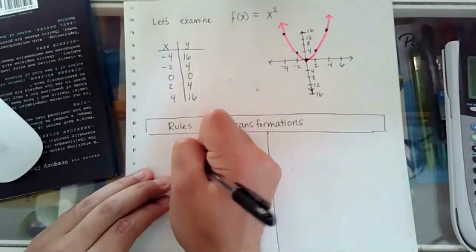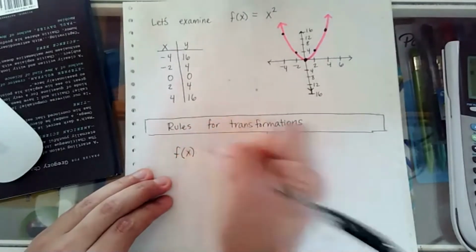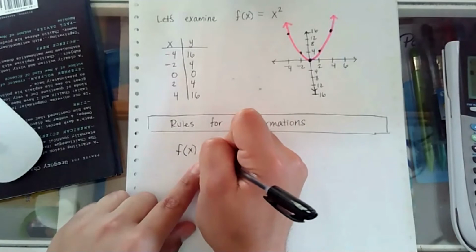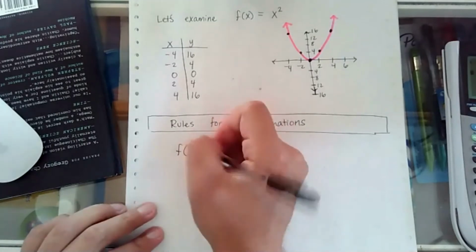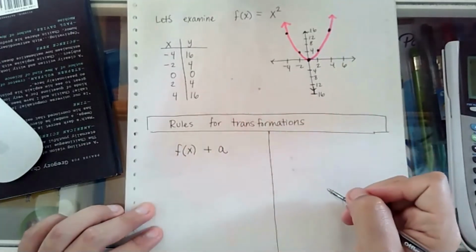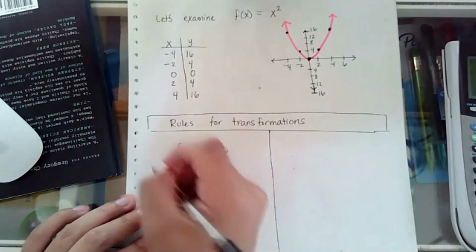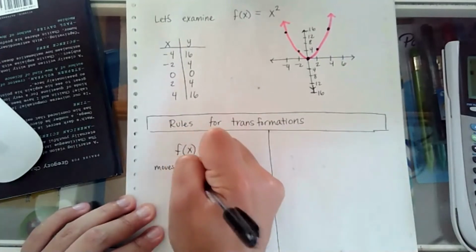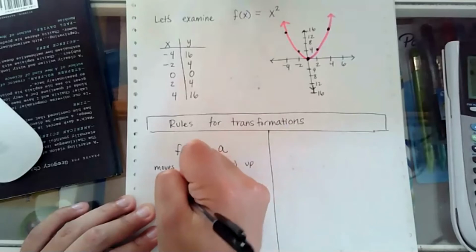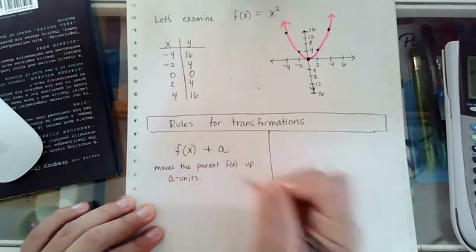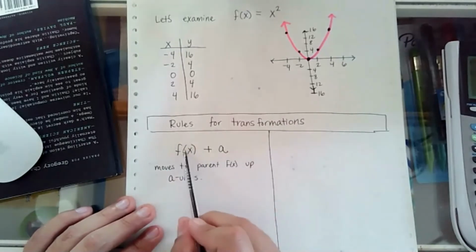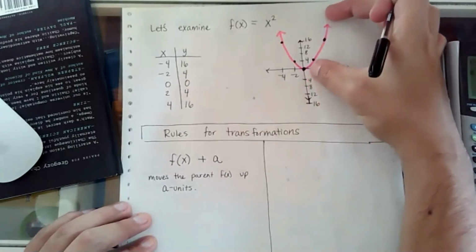So if I have the output, f of x, remember, this represents the output, and I add a number, I'm going to say add a, what this does is it moves the parent function up a units. Whatever number I add to the output of the function, it has the effect of moving the graph upward.